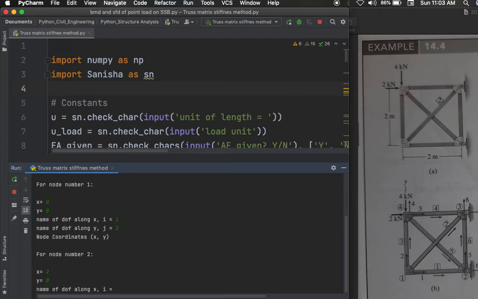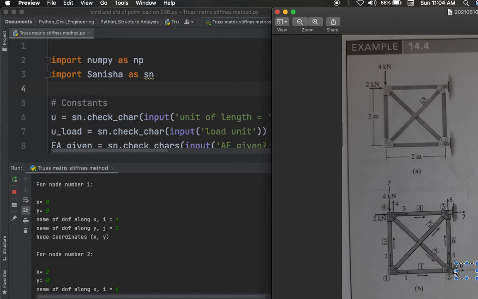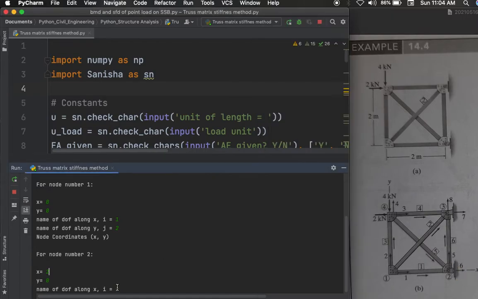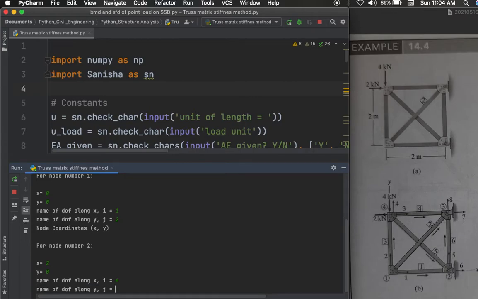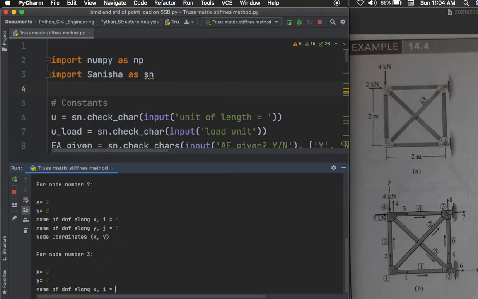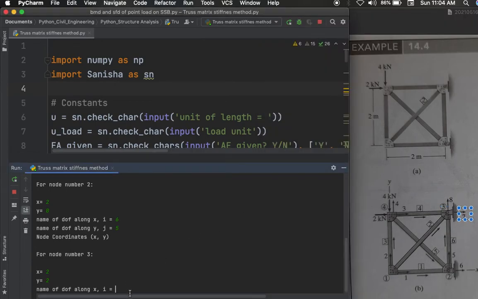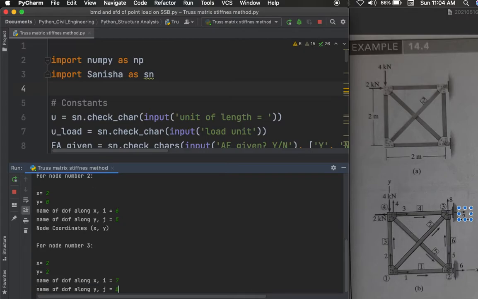Similarly for joint number 3, for 2 degrees of freedom, along x it is 6, this is the x-axis, and 5 along y. So the degree of freedom is named 6 along the x-axis and 5 along the y-axis. For node number 3, x is 2, y is 2, and along x it is 7, and along y it is 8.